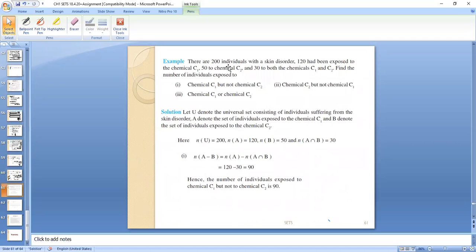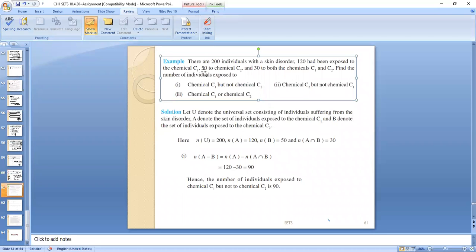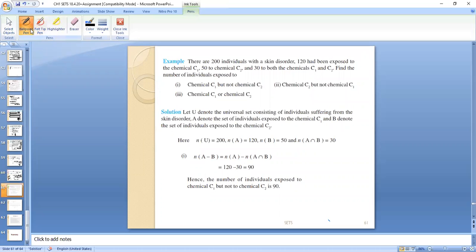There are 200 individuals with a skin disorder. 120 had been exposed to chemical C1, and 50 to chemical C2, and 30 to both chemical C1 and C2.